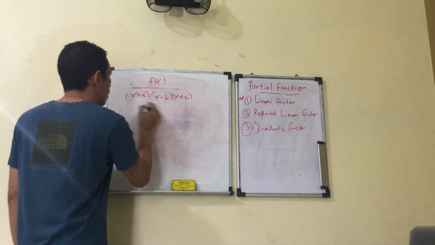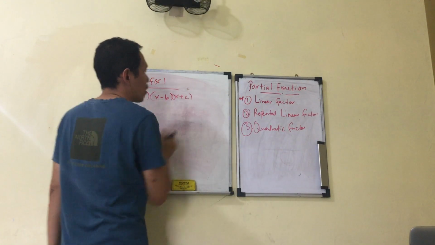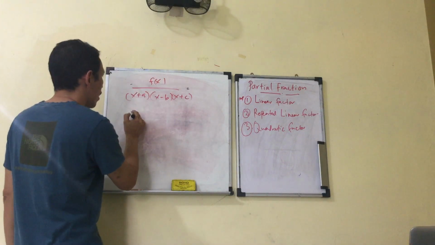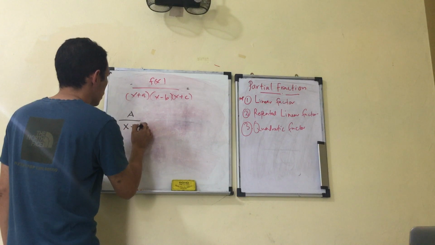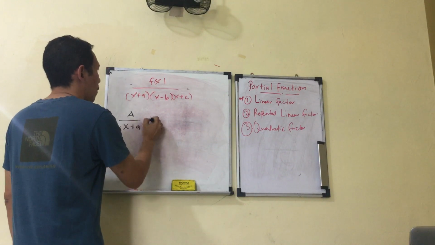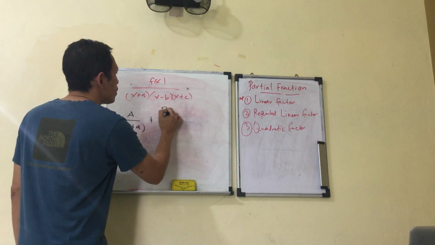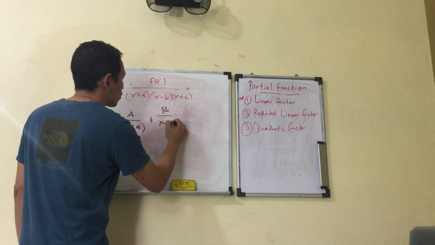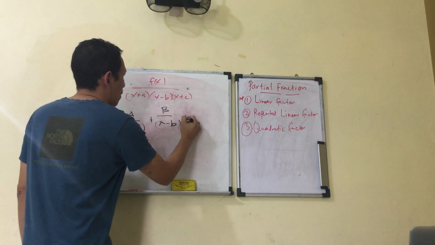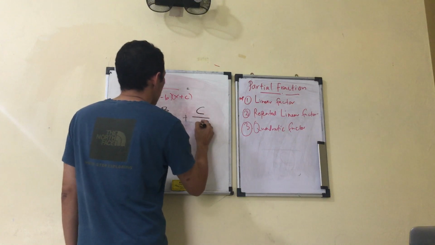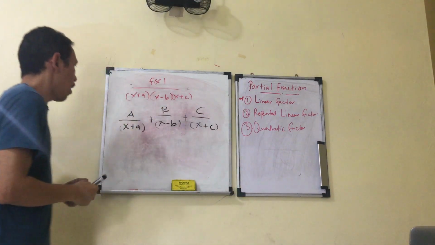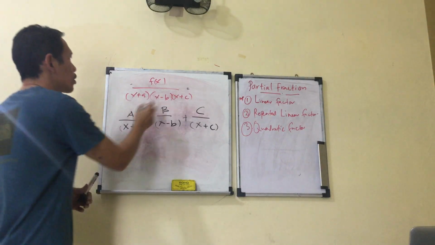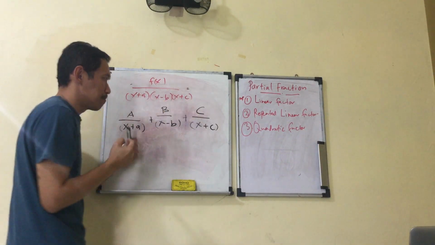So if you solve this, it will become A over x plus a, plus B over x minus b, plus C over x plus c. So these are the solution for this type of fraction.